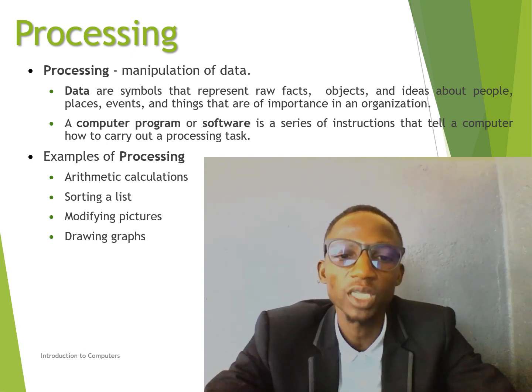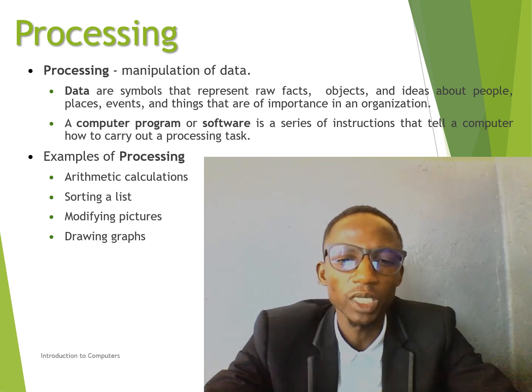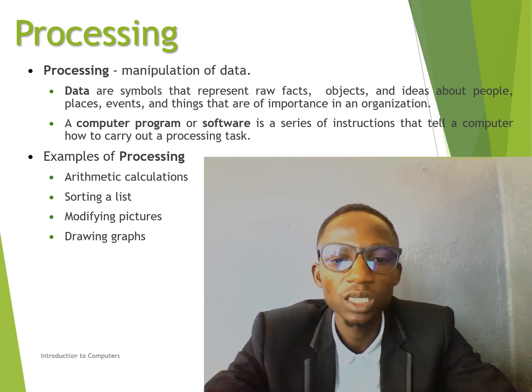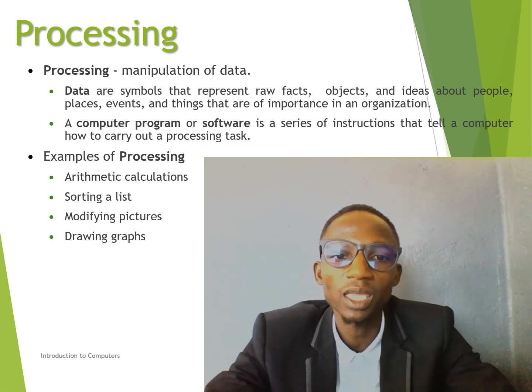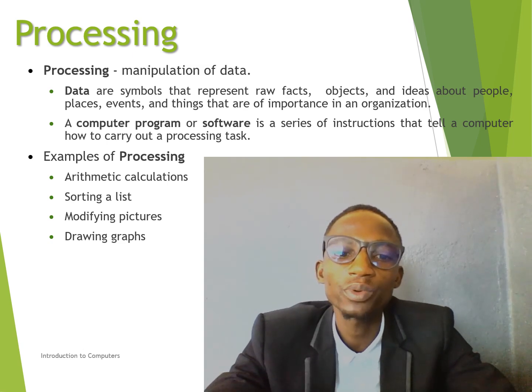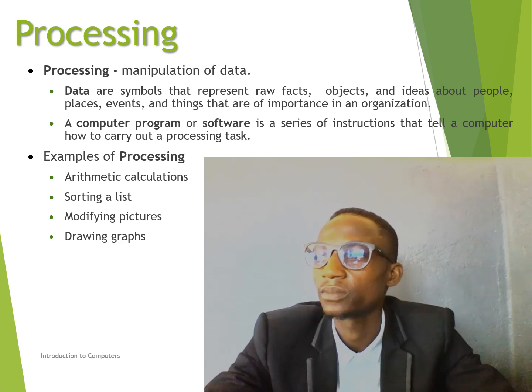That's under processing, arithmetic. Then sorting a list, modifying pictures, drawing graphs. So as you can see, processing is like you are building up something, you are modifying, you are manipulating the data.